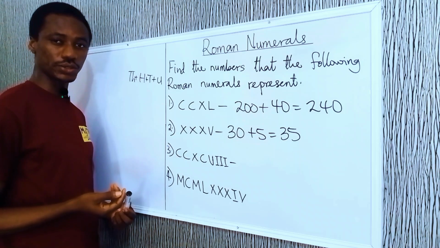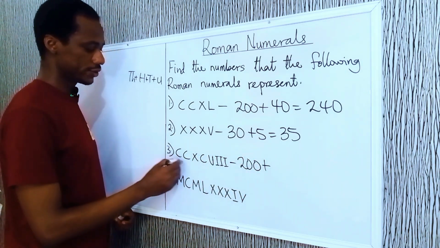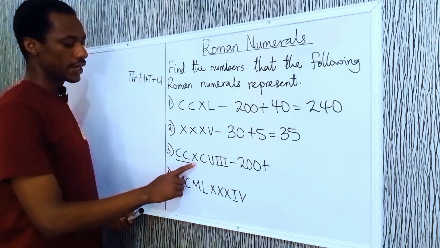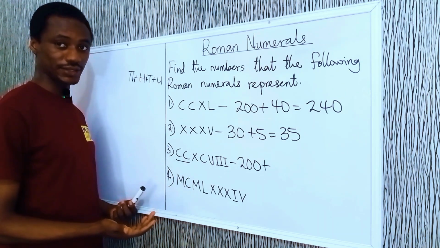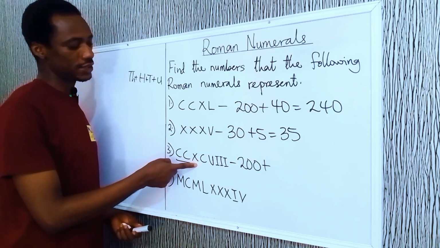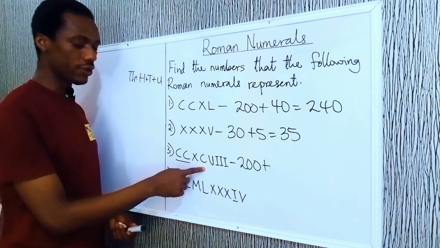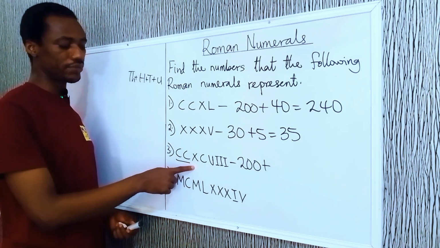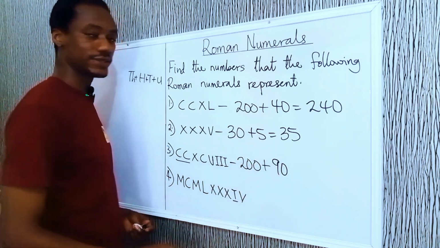CC is 200, then followed by XC. XC is 90. If you have mistakenly written 10, and then you check the other one, you see that it's 100. Oh, 10 before 100, you know that is 100 minus 10, which is 90.